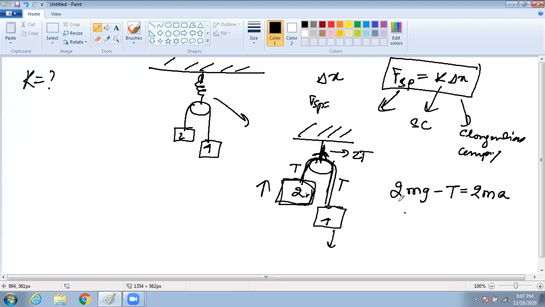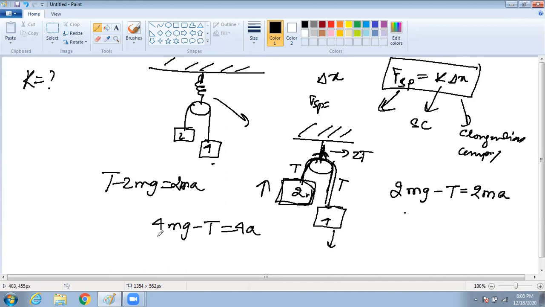Sir, it will be T minus 2mg, the greater mass will go down. Yes, so T minus 2mg will be equal to 2ma, correct? And this will be 4mg minus T equal to 4a.